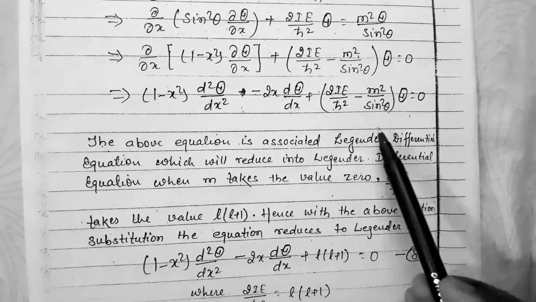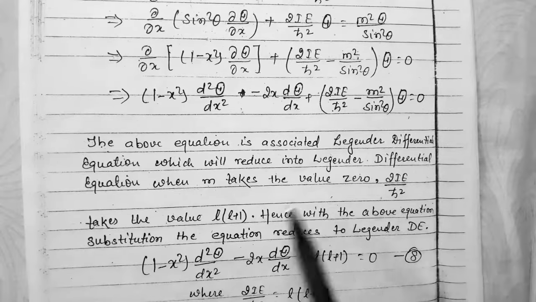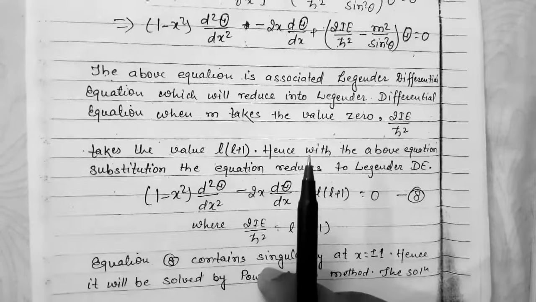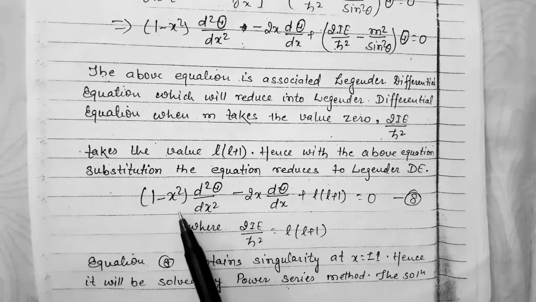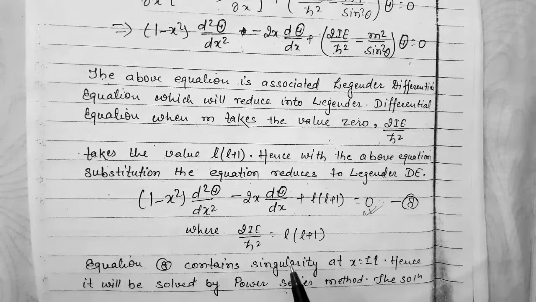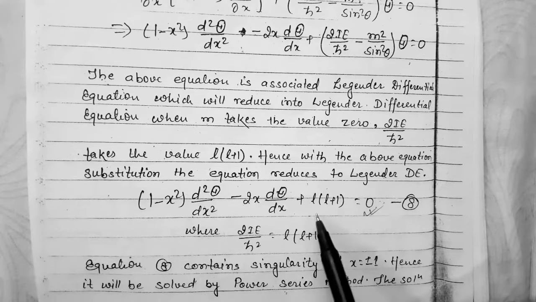We will replace this 2IE divided by h cut square with l into l plus 1, so the Legendre differential equation will be written like this.